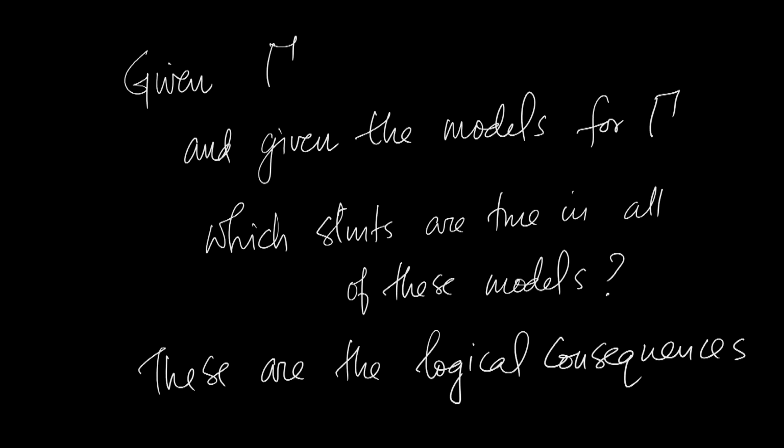So, that is precisely what we are saying here. A model for gamma is an interpretation context pair which will make every statement of gamma true. If every such model will also make a statement alpha true, then we say alpha is a logical consequence of gamma. Notationally, we write in this manner: alpha is a logical consequence of gamma.